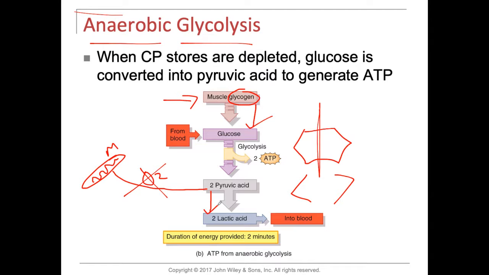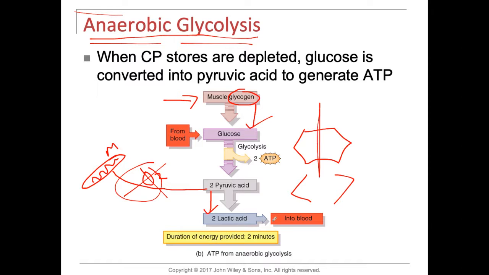It's not really the lactic acid that's doing it. It's all the hydrogens that are accumulating. That type of acidity can create that burn. So this is anaerobic glycolysis because there is no oxygen available. So pyruvate can't go into the mitochondria to produce ATP. It goes into lactic acid.